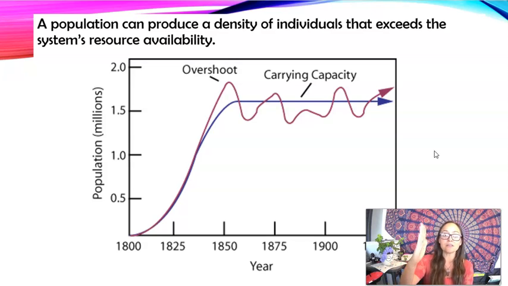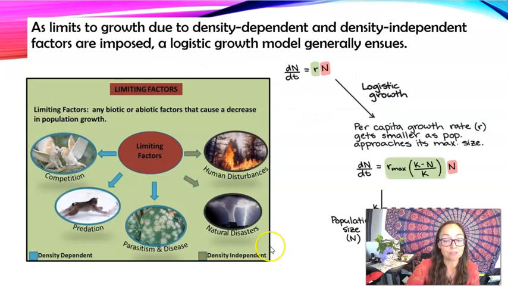That part is called the overshoot, and then you'll have a dip, and then they'll survive, and then too many, and back and forth. Eventually that average is called the carrying capacity, and that is how many individuals can be supported in a given area.